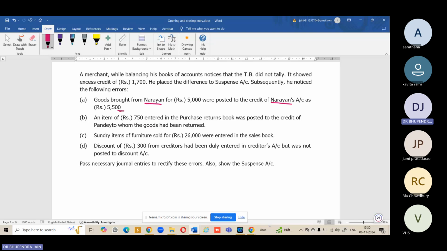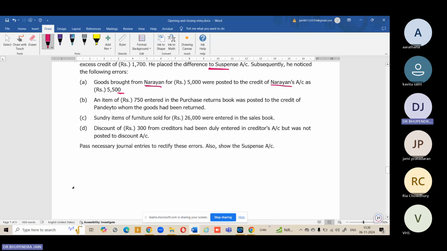This is a single side error. That means we have already passed the same entry in the purchase account, the purchase ledger. And a single side error, definitely we will rectify by using the suspense account. The question is directly related to the suspense account. Then how to rectify? First entry, A wala part.